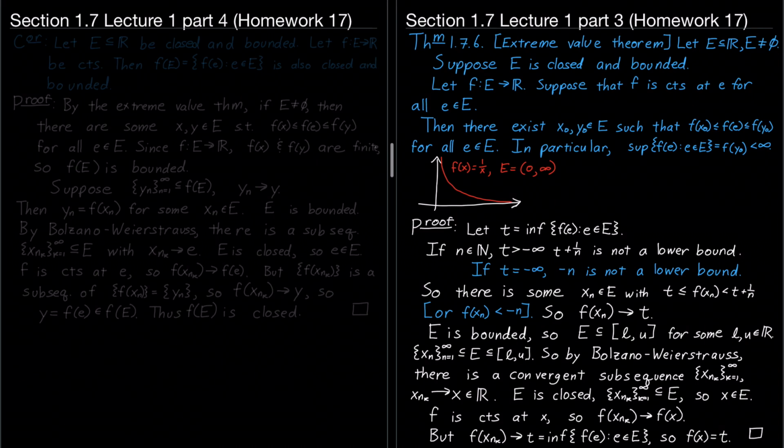So now let's state a corollary to the extreme value theorem. Let E be a closed and bounded subset of the real numbers, and let f be a function from E to the real numbers, and we're going to assume that f is continuous.